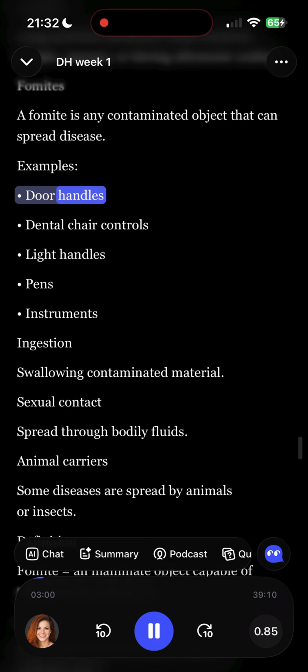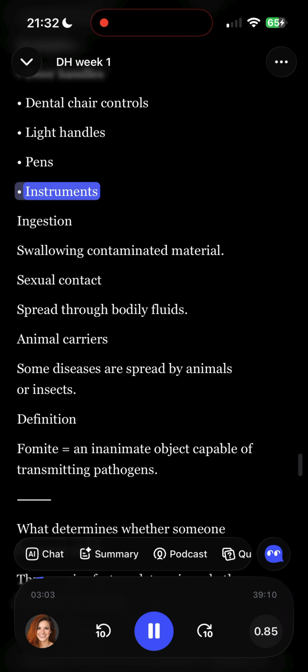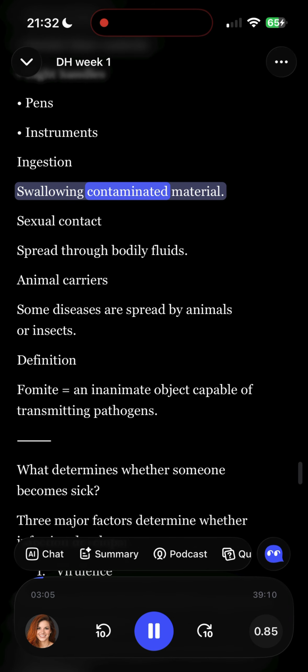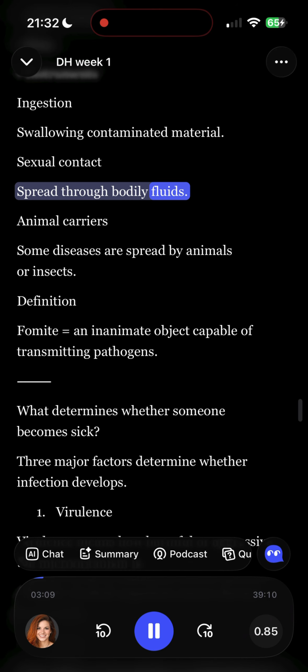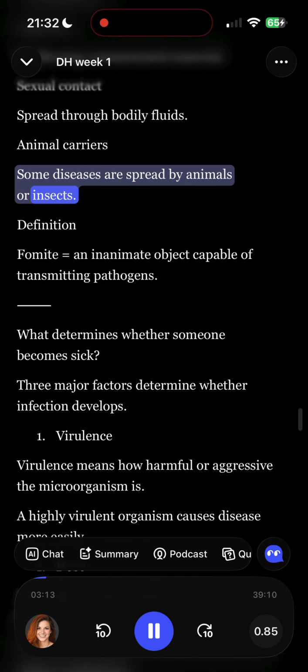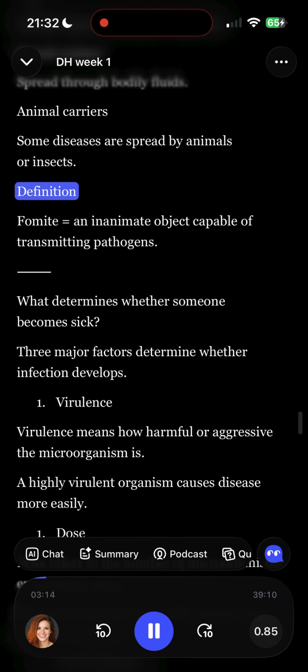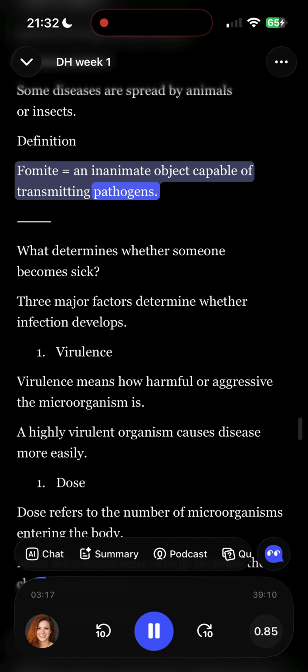Examples: door handles, dental chair controls, light handles, pens, instruments. Ingestion: swallowing contaminated material. Sexual contact: spread through bodily fluids. Animal carriers. Some diseases are spread by animals or insects. Definition. Fomite equals an inanimate object capable of transmitting pathogens.